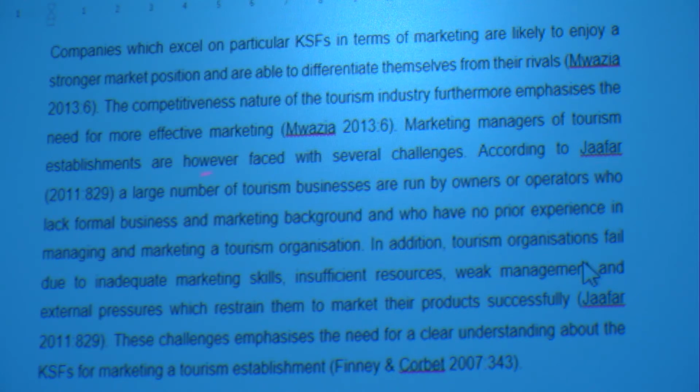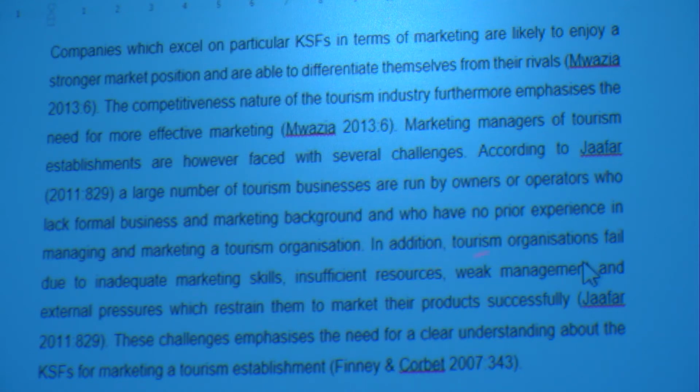According to Jafar, a large number of businesses are run by owners or operators who lack formal business training. So they are not trained. That is a challenge. They do not have marketing background. That is a problem. Okay, it's a challenge.